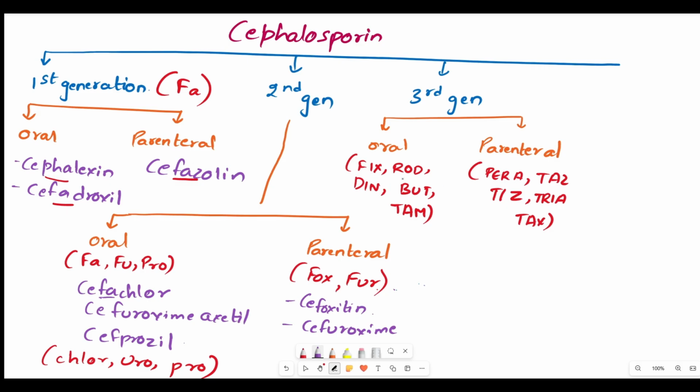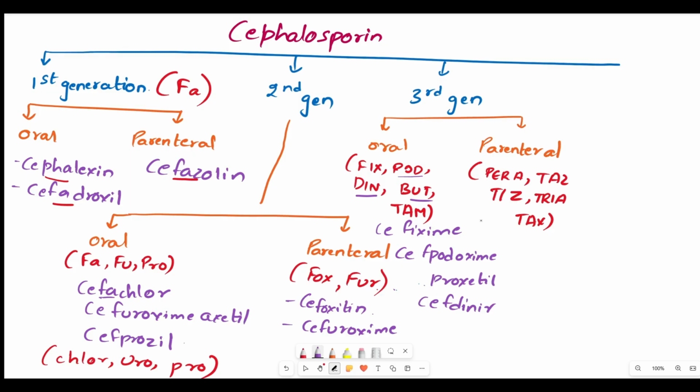By using these words, let's write the examples. In the third generation, in the oral class, the first term is FIX. The example here is cefixime. It is not rod, it is POD. So the second term is POD. It is cefpodoxime proxetil. The next one is DIN, so it is cefdinir.